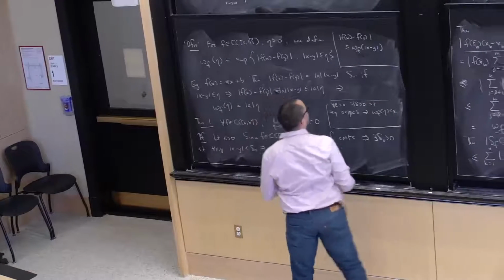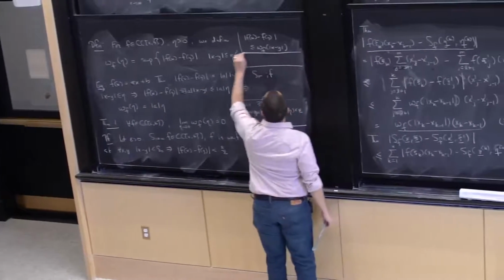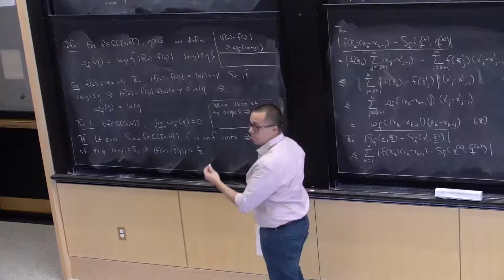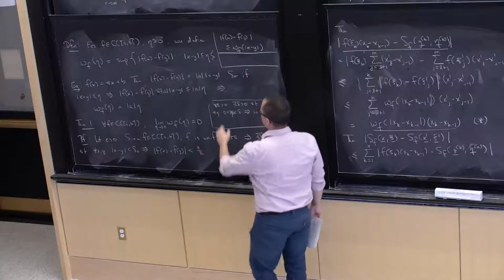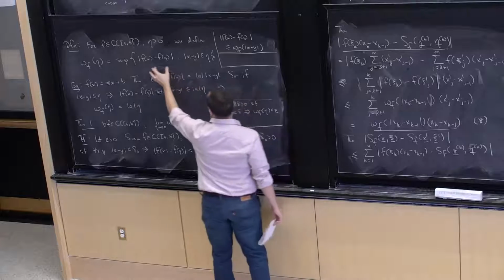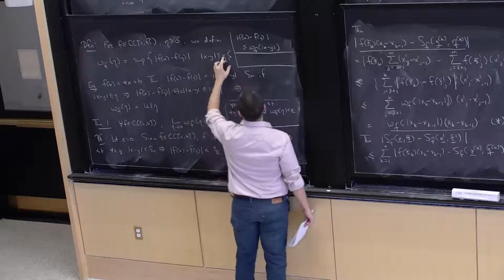So another property of the modulus of continuity is that it's increasing. This just follows from looking at the definition. There are more points to take a sup over if this thing gets bigger.